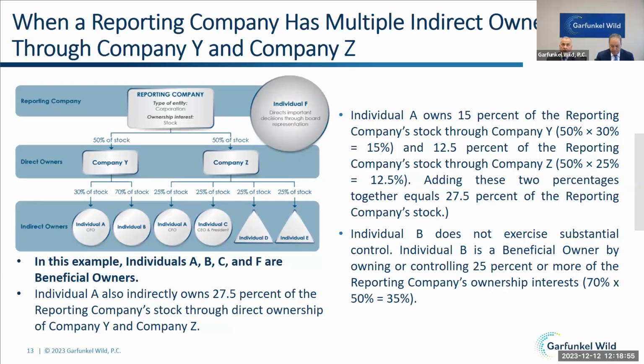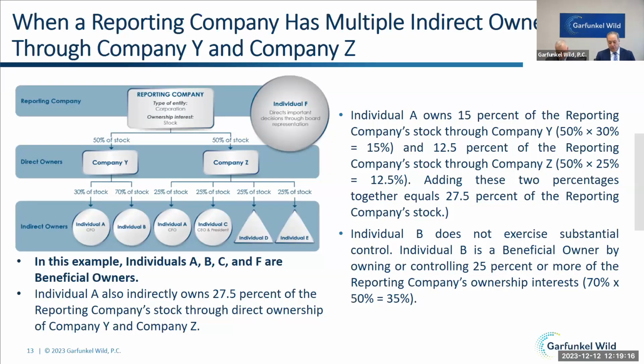So as you can see, when you're doing this analysis, you're going to have to look at your tiered operations and your tiered companies for the purpose of determining appropriate attribution to determine whether your respective shareholders or ownership interest holders are in fact beneficial owners for this purpose.